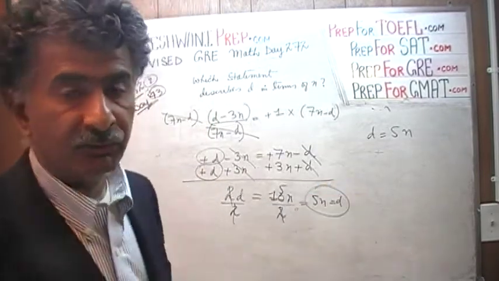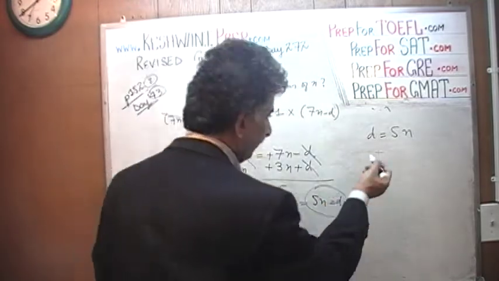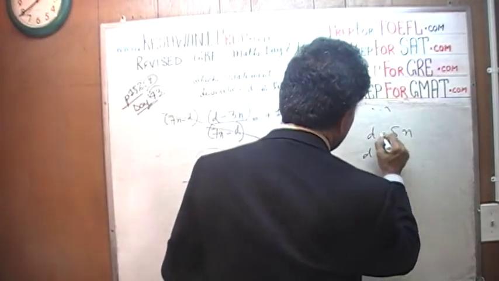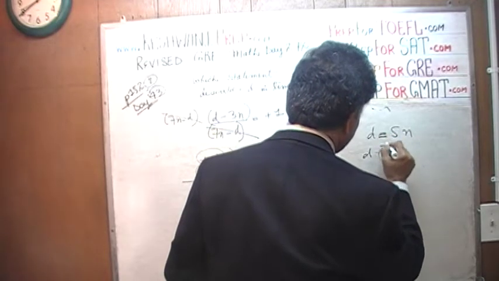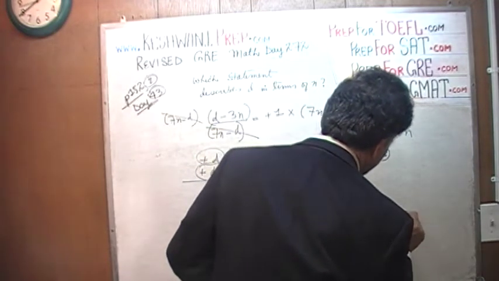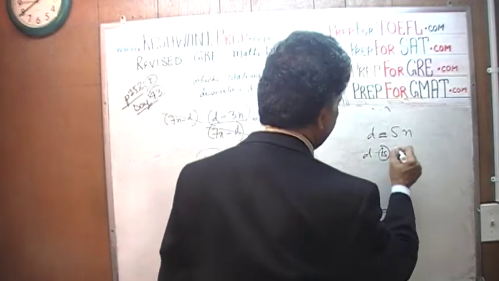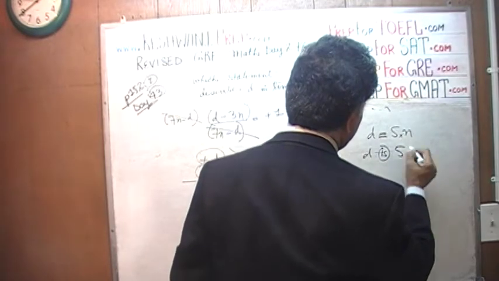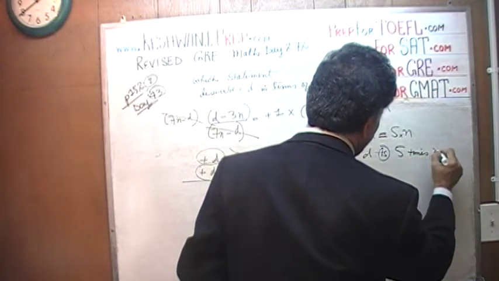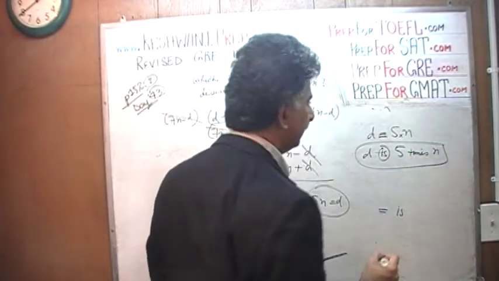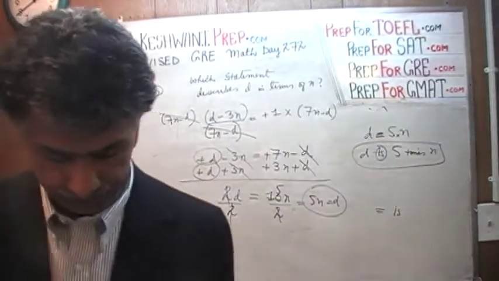We're going to read this sentence now in the English language. It says D, this part, equal means is. D is 5, and there is a multiplication sign here. Multiplication means times. And there is your sentence. D is 5 times n.